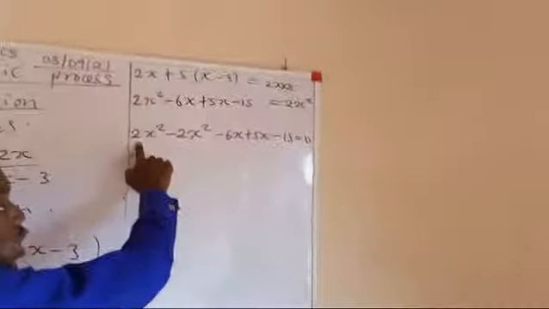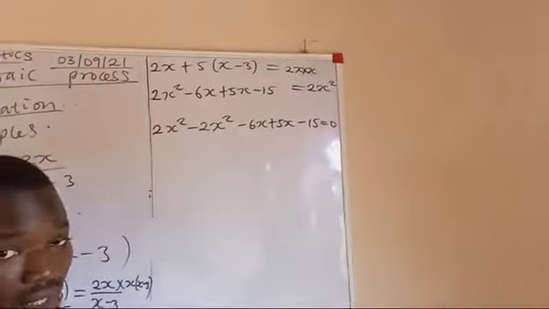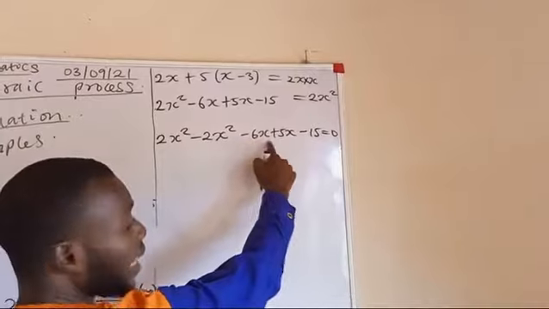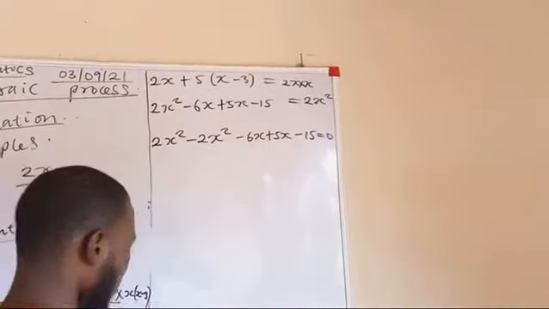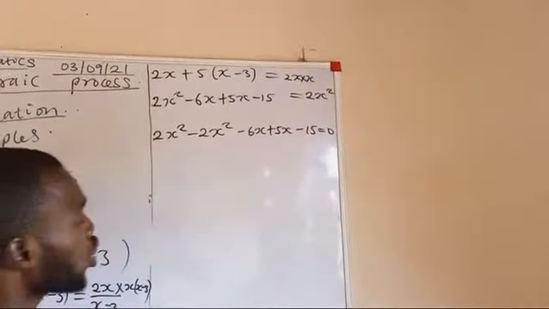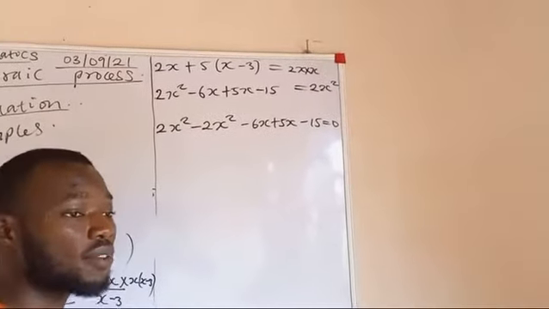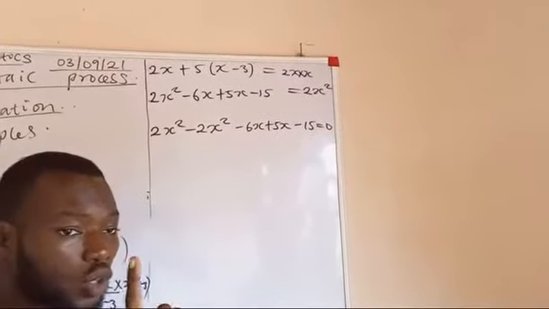So 2x squared minus 2x squared will give us 0, so we ignore it. We now have minus 6x plus 5x. Here, you are owing somebody 6 and you have 5. Once you pay that 5, you are still owing 1.